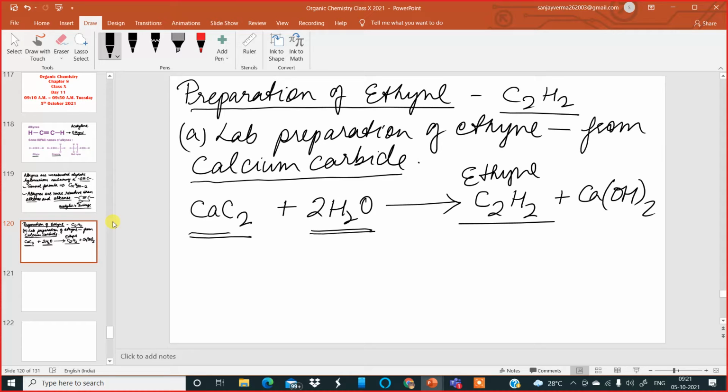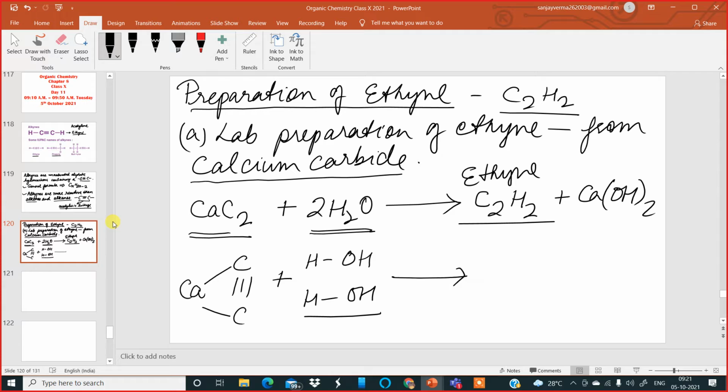Now this equation you can remember in this way also, the structural formula way. Calcium carbide, the structural formula of calcium carbide, reacts with two molecules of water, HOH. This is cold water.